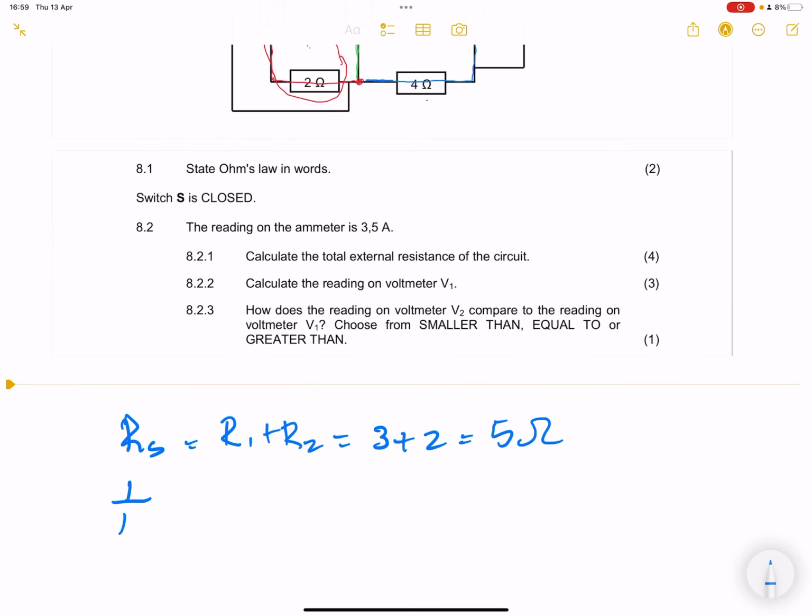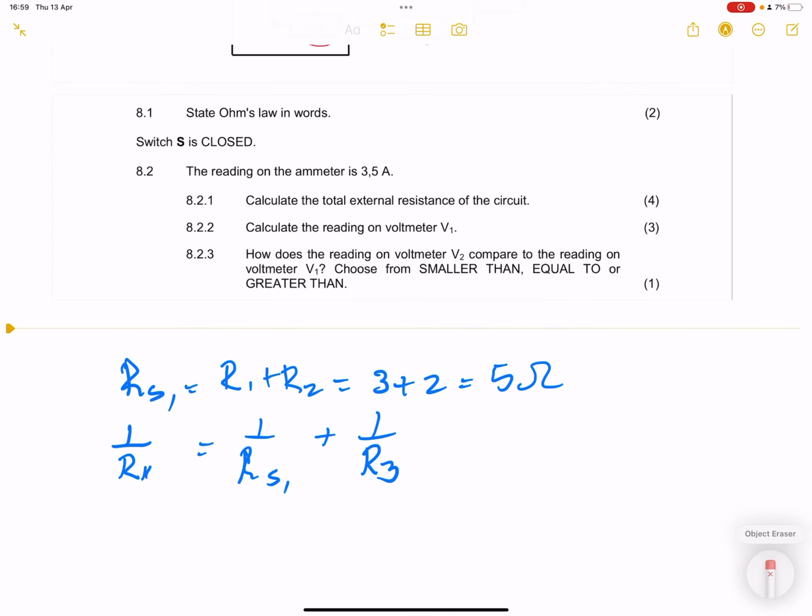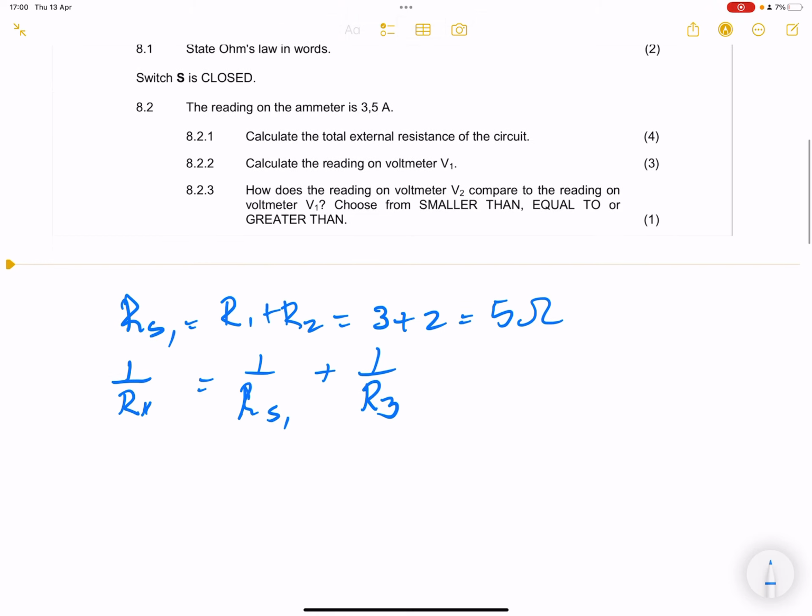So we can say 1 over R parallel is equal to 1 over R series, let's call it RS1, plus 1 over R3, let's just call that one R3. Now remember, if we've got two resistors, we can always use the product over sum rule.